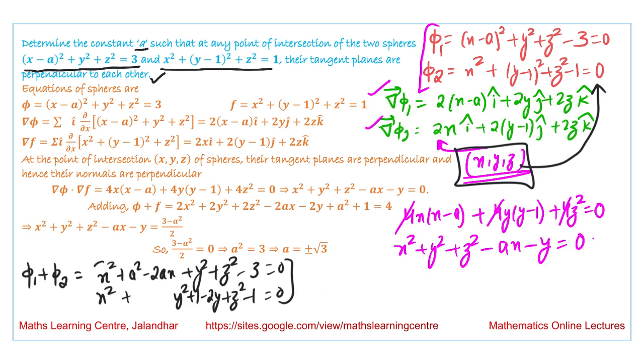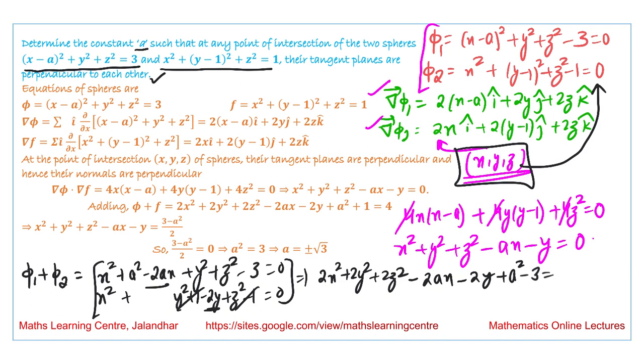We are adding these two equations. The answer we get is 2x square plus 2y square plus 2z square minus 2ax minus 2y. This 1 and 1 get cancelled, and we are left with plus a square minus 3 is equal to 0.